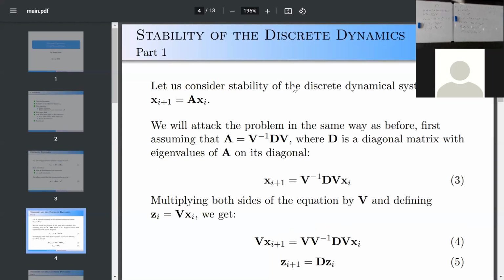Now, let us discuss the stability of this thing. I guess let me try to talk through the derivation on the slide. We do it exactly the same way as before. I cannot really talk through it because part of it is obscured, but okay, let me at least write it on the blackboard.